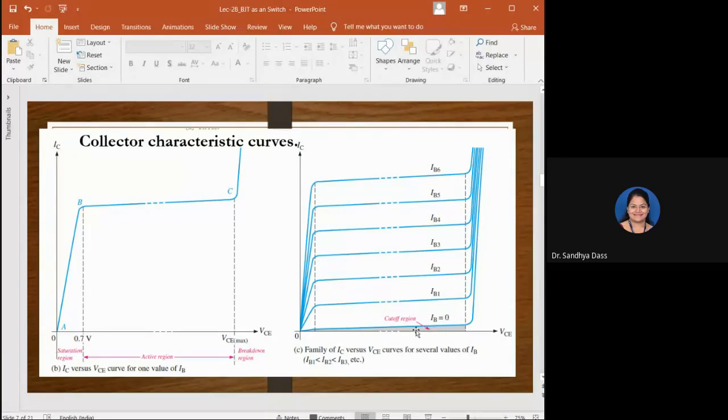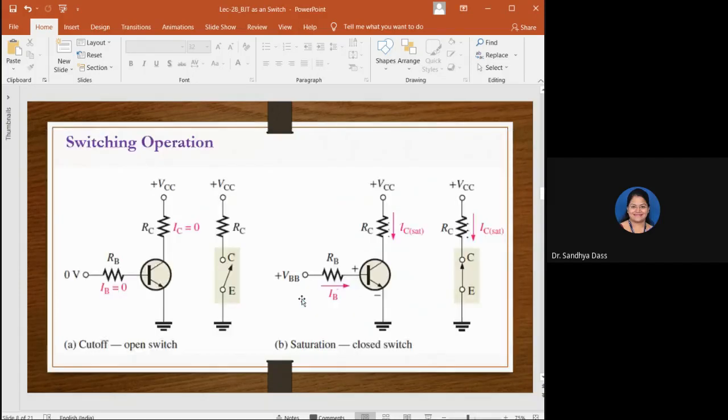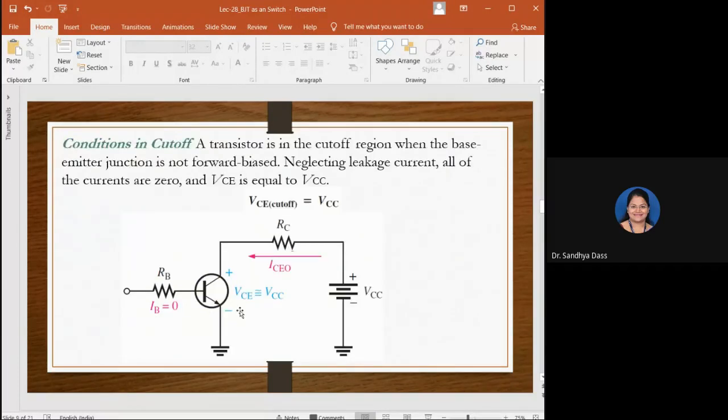That leakage current is very small, negligible, and always neglected. So that is about the condition of the BJT operating in the cutoff or saturation region and used as a switch.